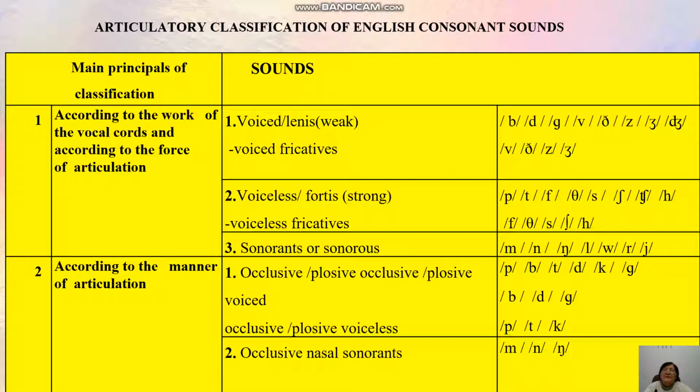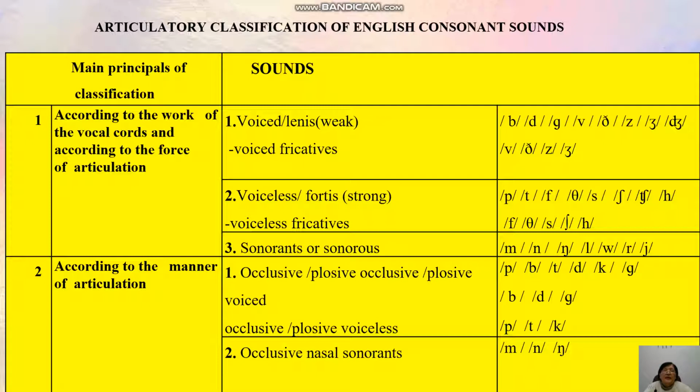Main principles of classification. First, according to the work of vocal cords and according to the force of articulation. Now, first, according to this classification, English consonants are subdivided into voiced, lenis, and voiced fricatives.